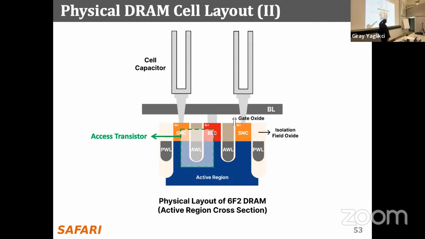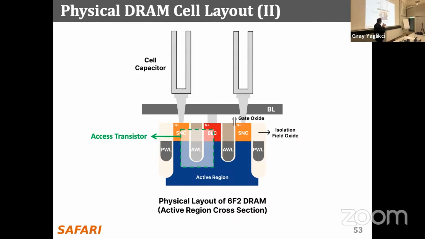And this is your bit line contact, and you have the bit line over there. So this is your bit line connection, and this is your DRAM cell, and this forms an access transistor here. And this AWL is the word line over there.